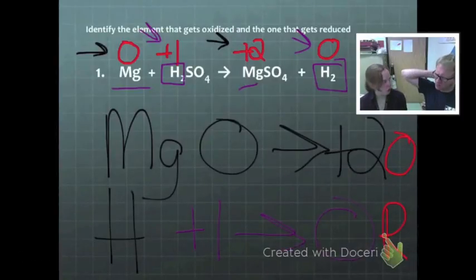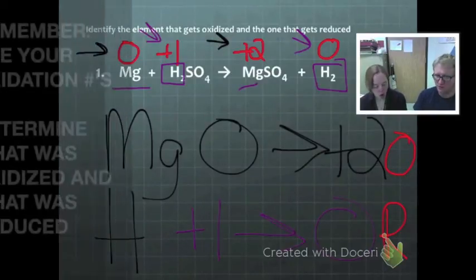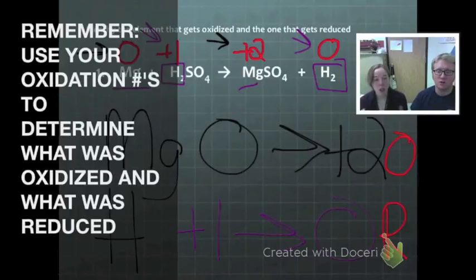So on your practice, if you have to answer which one's oxidized and which one is reduced, focus on what happens to the oxidation number. You still need to know that oxidation is loss and reduction is gain, but if you're trying to identify what's happened to what, look for your oxidation number changes. That kind of makes it easy.